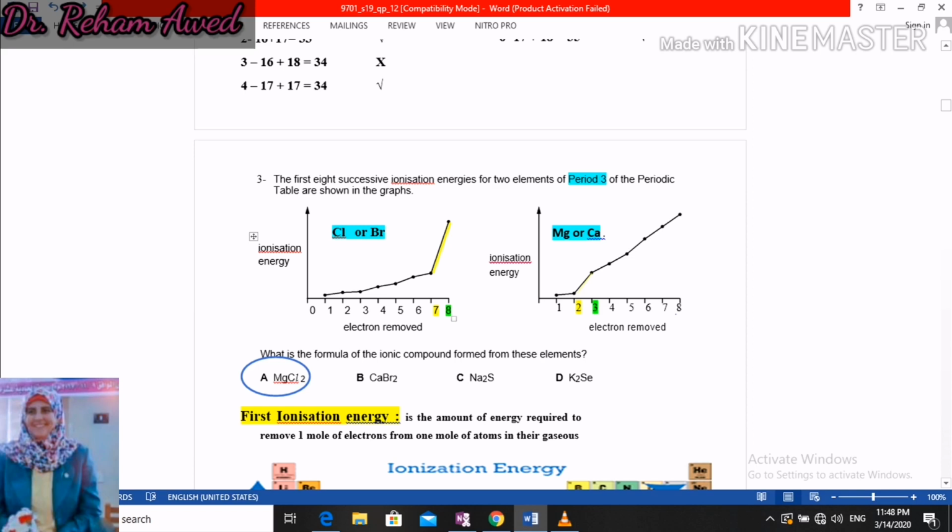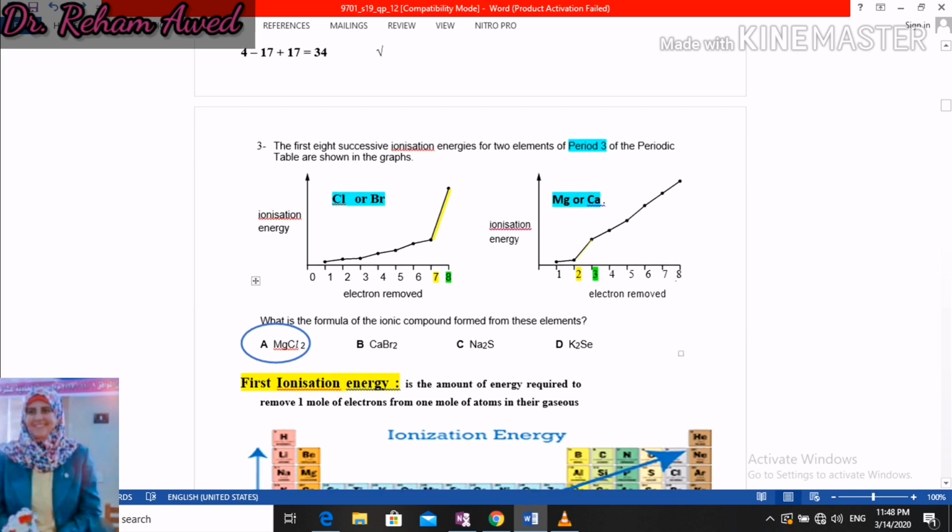In the case of the first one, we will have a very high jump between electron number 7 and electron number 8. The other one, we have a large jump between electron number 2 and electron number 3. What is the formula of the ionic compound formed from these elements?